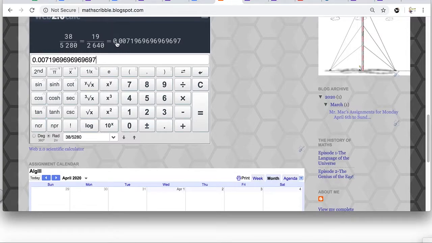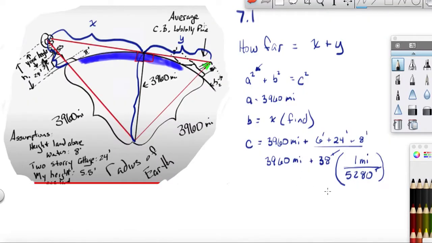And look, you can't round this, because if you round this, you just get 0. So don't round it. We get 0.007197, rounded out to 6 decimal places.